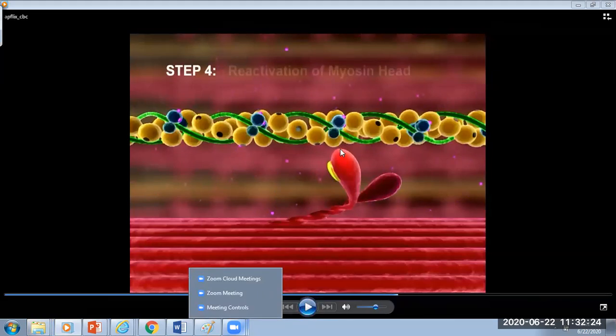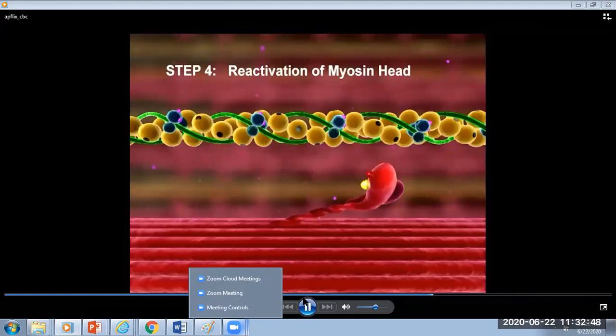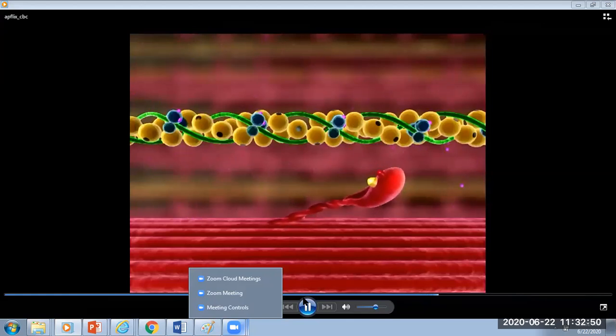ATP bound to the head, they became disconnected, and now you have to do the hydrolysis, reactivating the head position so that it can bind to another one. Reactivation of the myosin head. ATP is hydrolyzed to ADP and inorganic phosphate. The energy released during hydrolysis reactivates the myosin head, returning it to the cocked position.